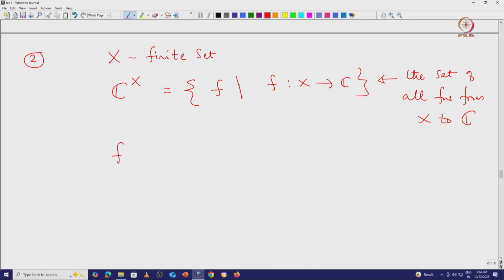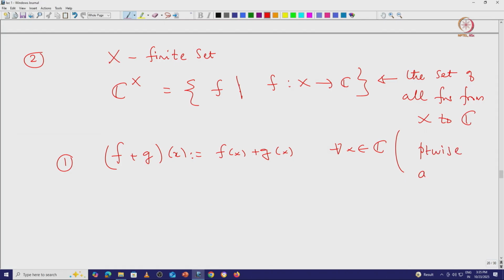Now, we define the addition, the pointwise addition, to be f of x plus g of x for all x in X. This is called pointwise addition. And we also have pointwise scalar multiplication.